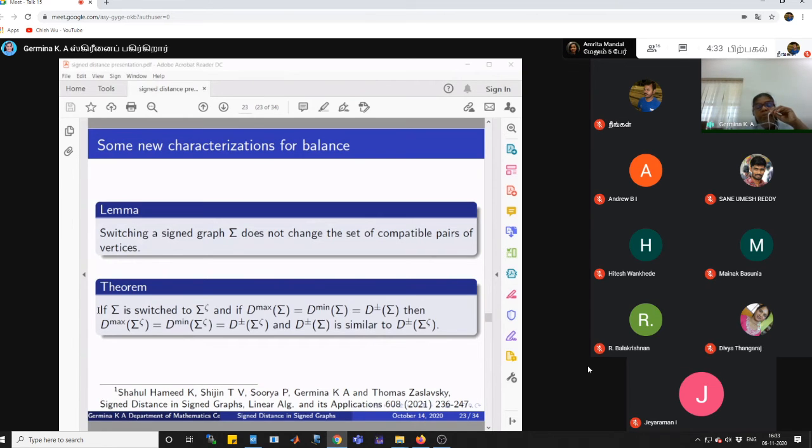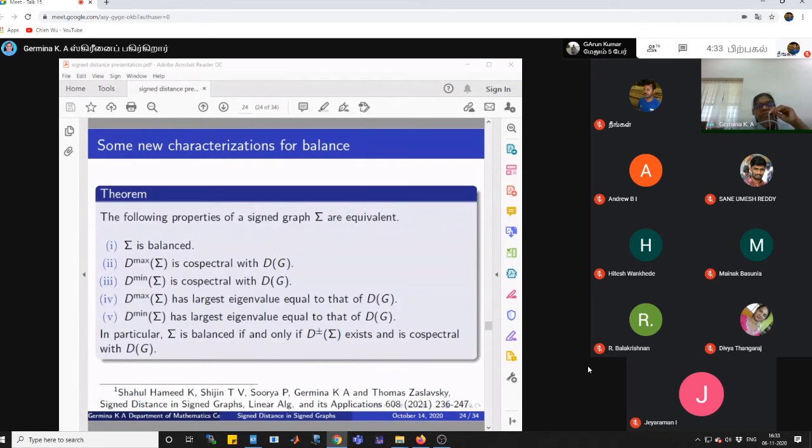Using this, we have proved that if sigma is switched to sigma eta, and if D max of sigma equals D min of sigma equals D plus or minus of sigma, then D max of sigma eta, that is the switched one, is equal to D min of sigma eta equal to D plus or minus of sigma eta. That is, it is invariant under switching. And D plus or minus of sigma is similar to D plus or minus of sigma eta. We consider this also a very important and interesting theorem.